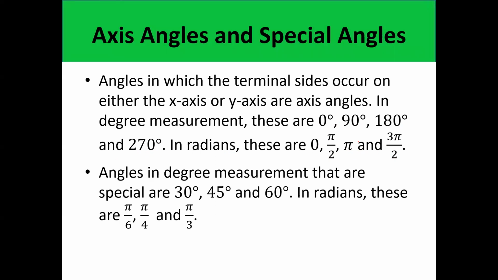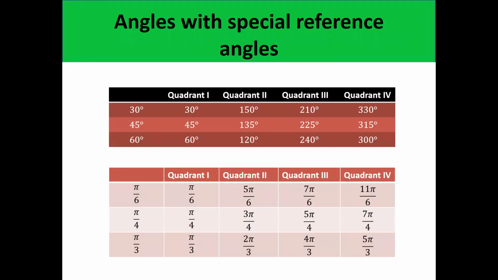Now, special angles are actually measured at 30 degrees, 45 degrees, and 60 degrees. And in radians, these special angles are pi over 6, pi over 4, and pi over 3, respectively. This last slide shows us a table about the locations of the special angles among the quadrants.